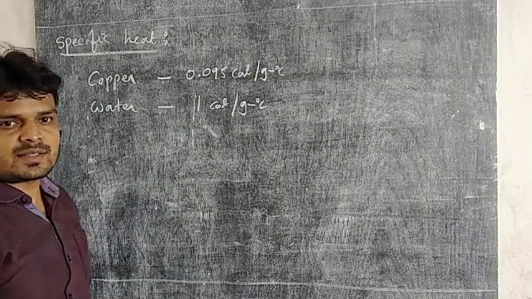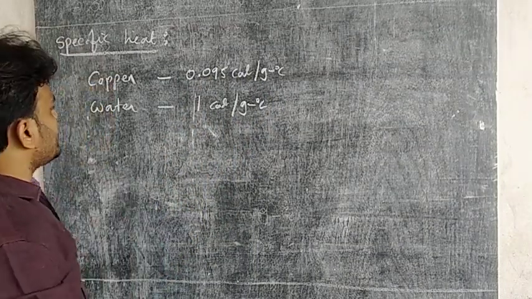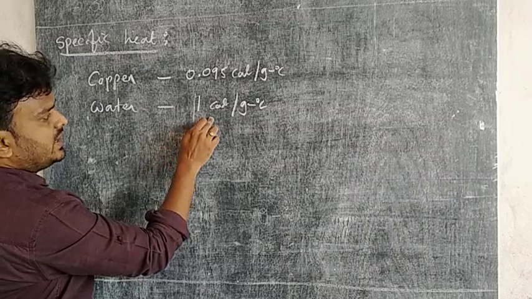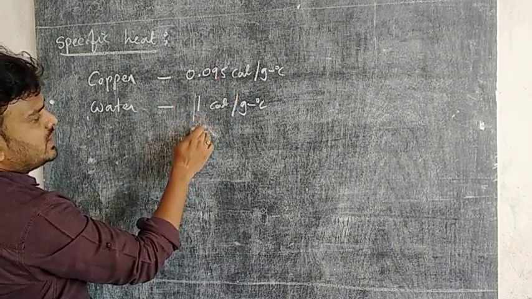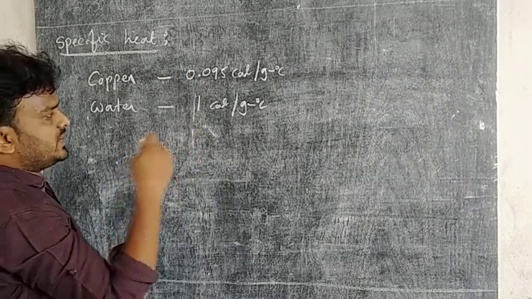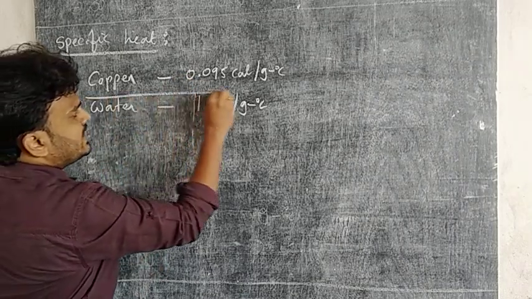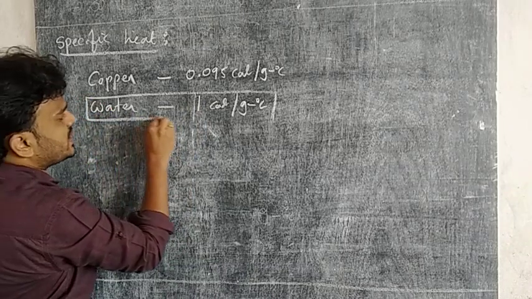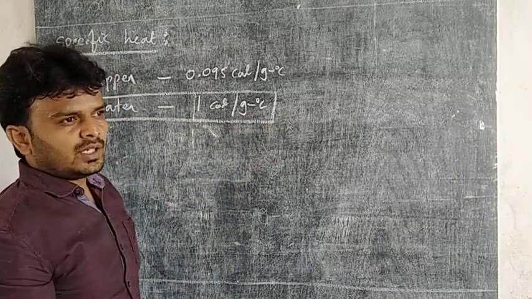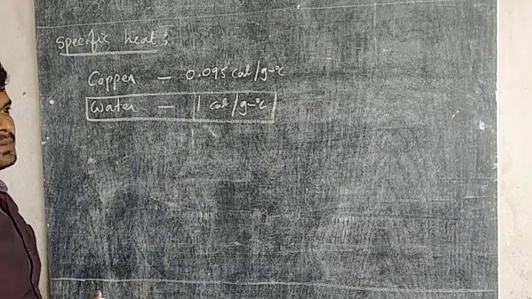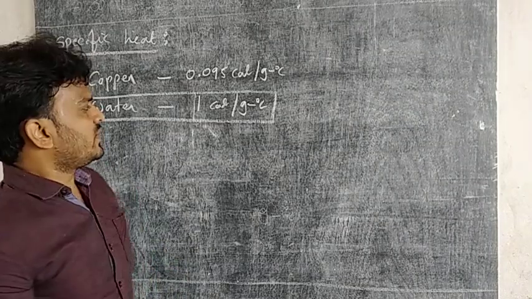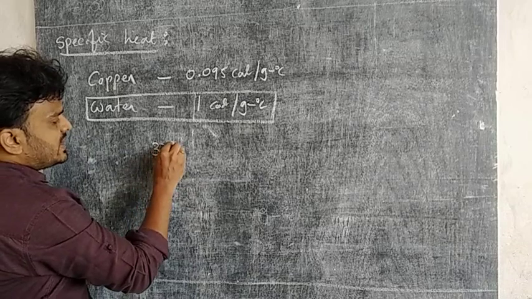Then which one has the higher specific heat value? Water has the higher specific heat value. Copper has 0.095. This indicates that any substance having a higher specific heat value will not accept any change easily. For example, water is at 37 degrees Celsius.